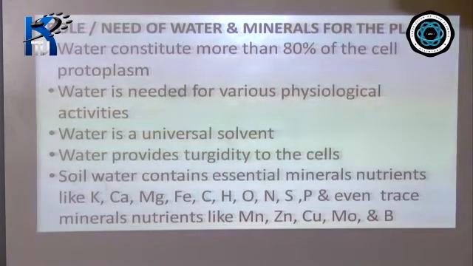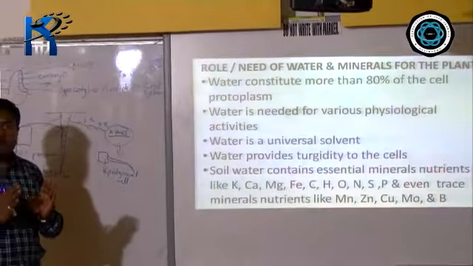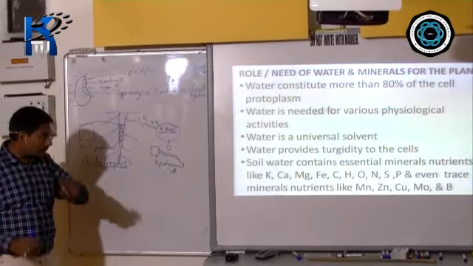If the root does not absorb water, then all this physiological activity stops. In a wilted plant, no activity goes on in the plant body, because the protoplasm does not contain water.